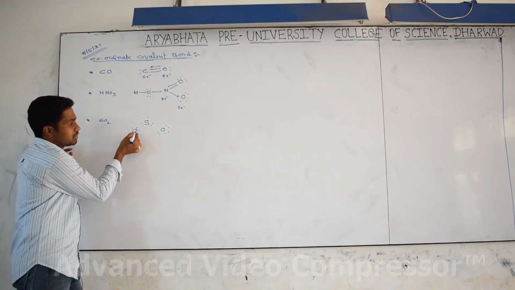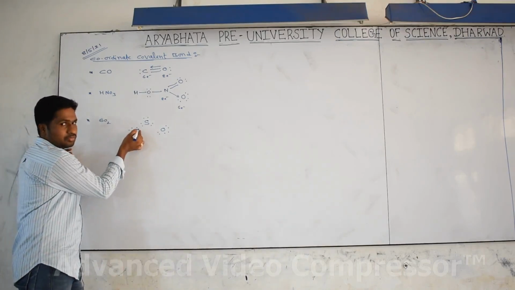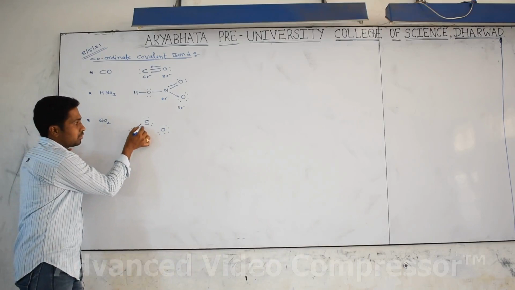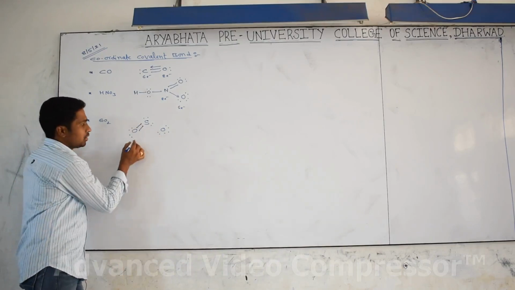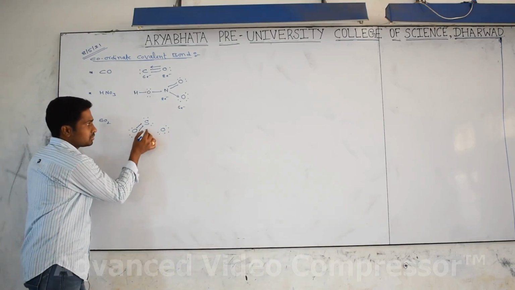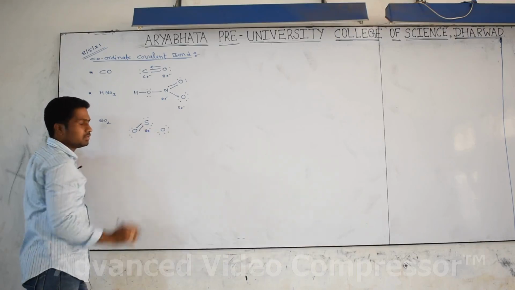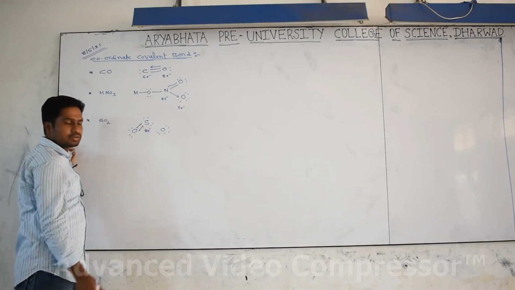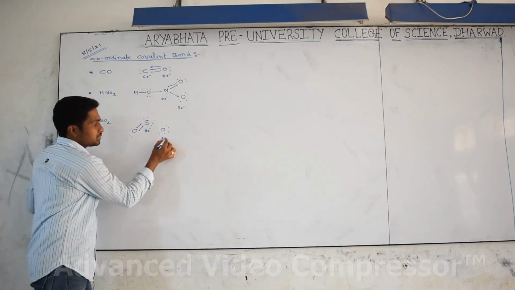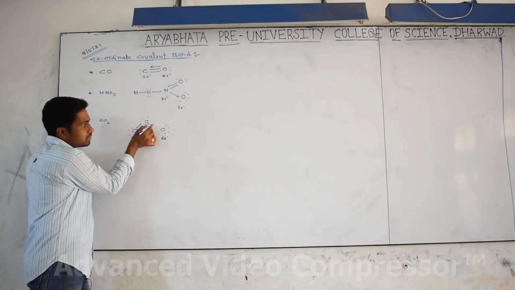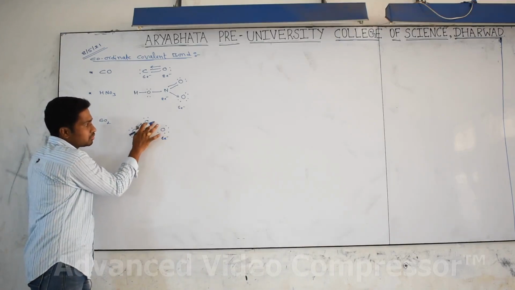First of all, oxygen contributes 2 electrons for sharing, sulfur also, so a double bond is formed. Now this oxygen has 6 electrons, sulfur has 8 electrons, but this other oxygen has only 6 electrons. That's why this sulfur contributes an electron pair to oxygen to attain stability, and that is the coordinate covalent bond.